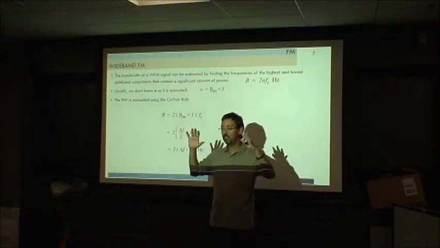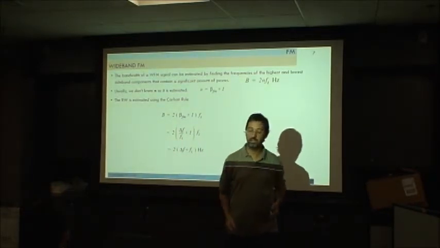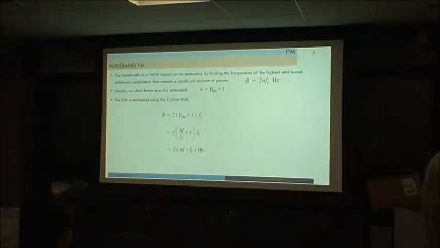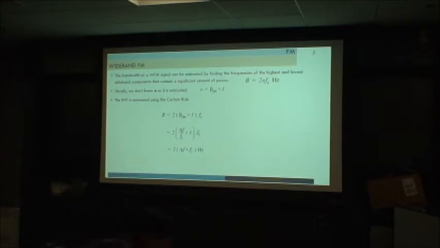So that is where that 200 kilohertz came from. You have 2 times 75, and if I remember correctly, the maximum frequency that you could transmit is around 65 kilohertz. So this gives you something like 256 kilohertz.